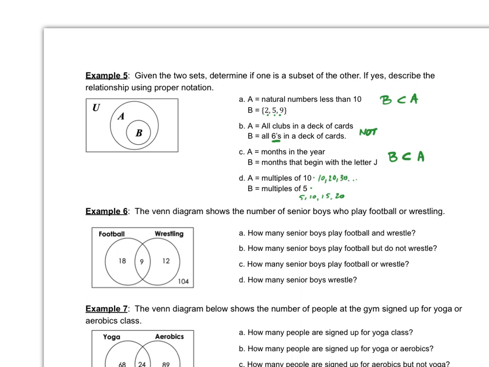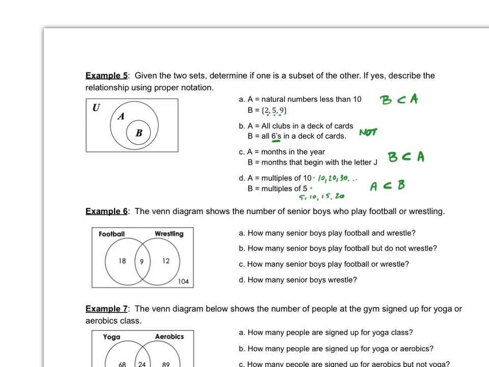Well, in this case, A is actually going to be the subset of B because all of the A values are going to end up also included in B, but not all of my B values are going to be in A because 15 and 5, those multiples of 5 there, aren't going to fit in there. So that's how we would identify those.